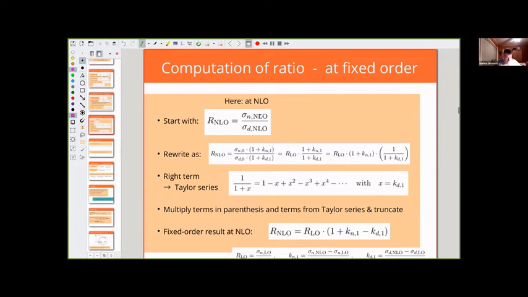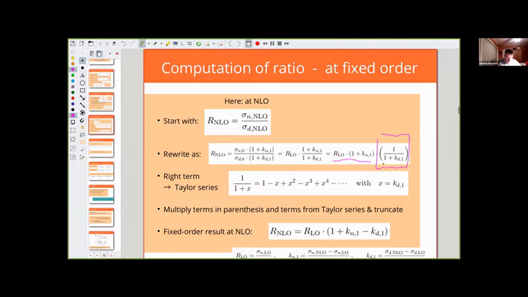Then we write this in terms of the leading order contribution and the modified k-factors. And we write this in two steps so that we have one piece over here and this fraction over here.